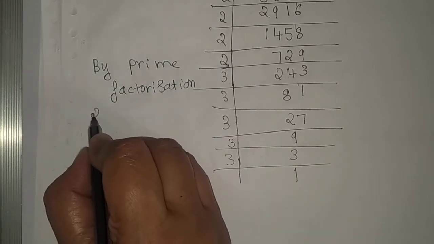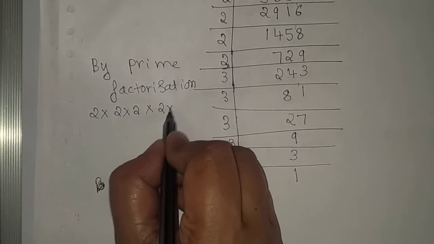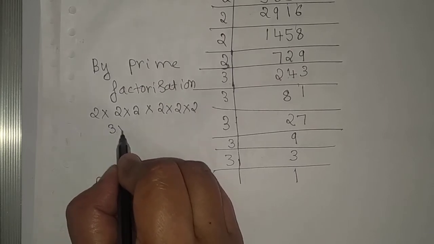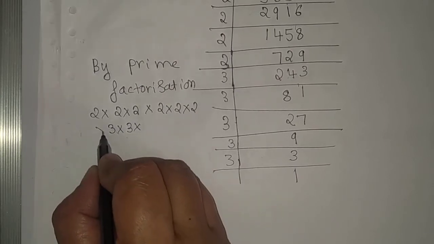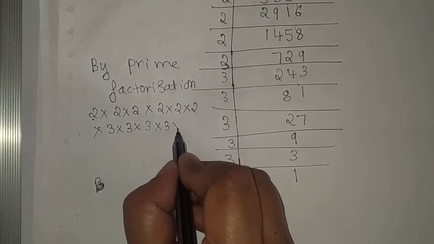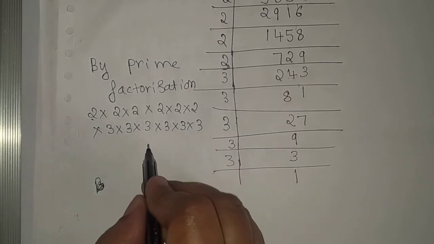So write down how many 2s are there. We get 6 2s, and again 6 3s we have. Counting, there are 6 2s and 6 3s.